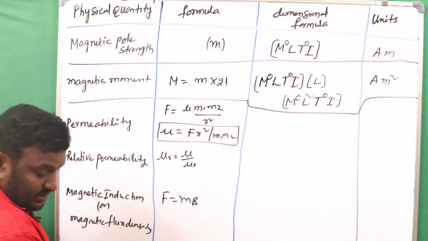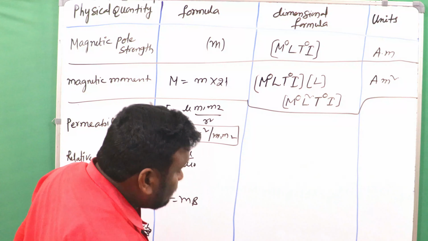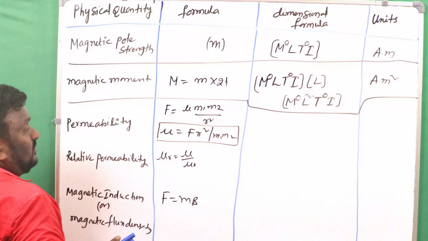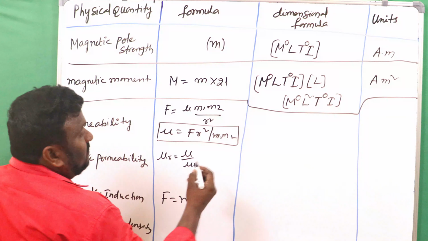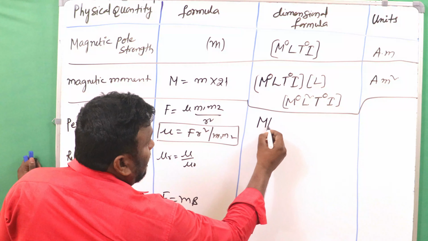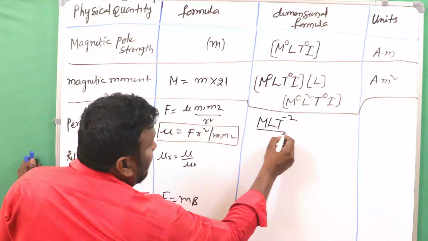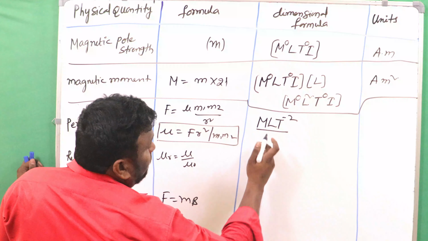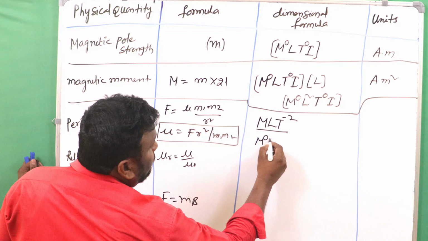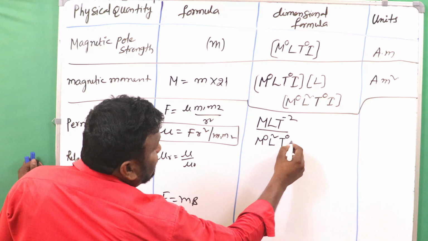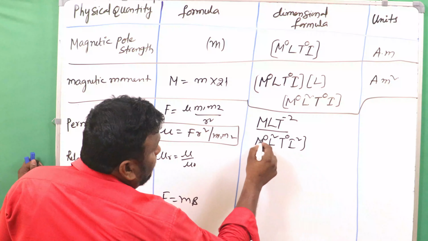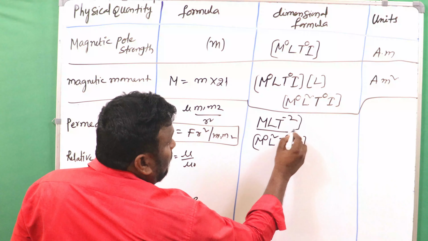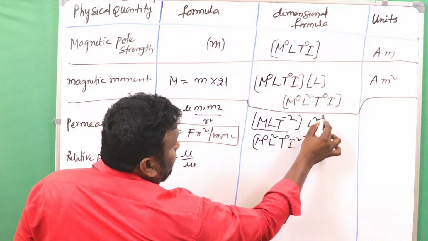Then how can we write the dimension formula? Let's see here. F is the force. For force, what is the dimension formula? M L T inverse 2, divided by m1 m2, so the square of the pole strength dimension. Simply here, M to the power of 0, L square, T to the power of 0 and I square. And already here r squared is the length, so this is again L square.